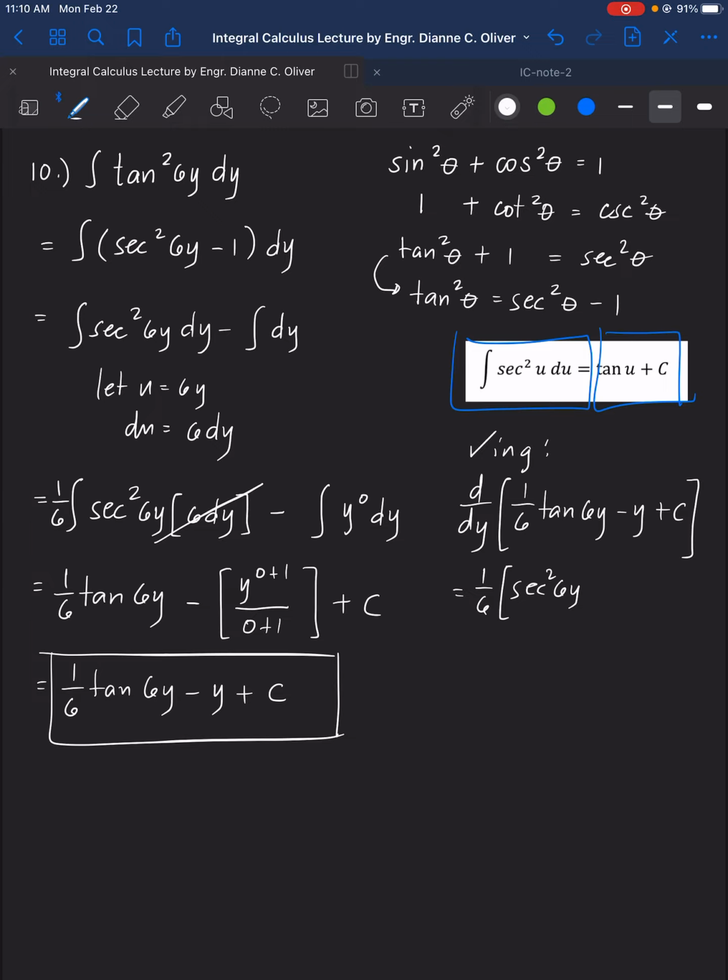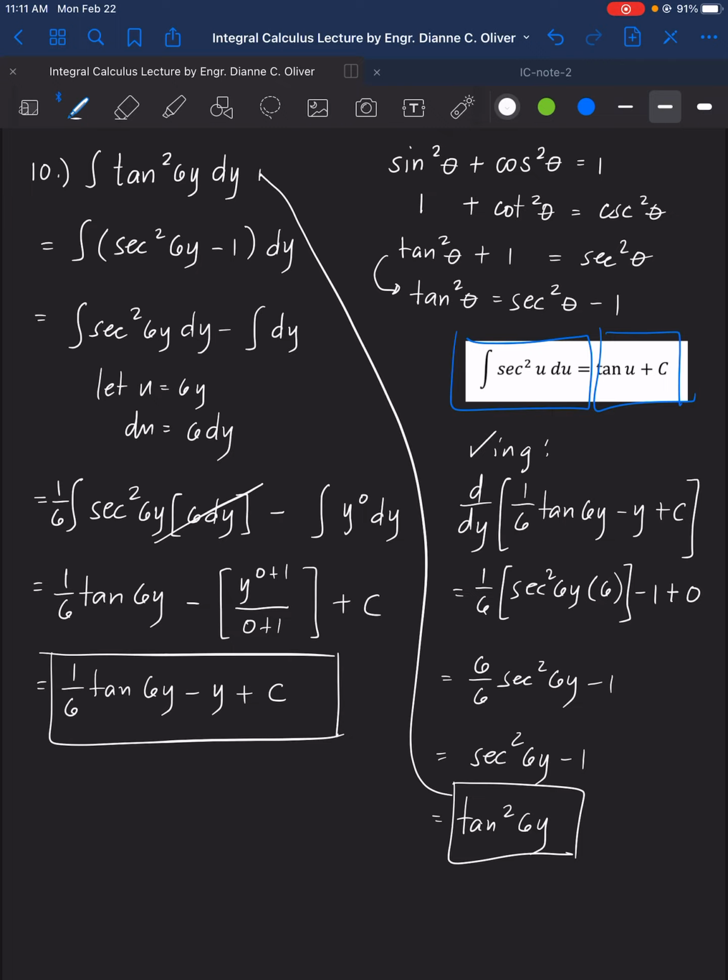Then the derivative of 6y is 6. Derivative for y is 1. Derivative for constant c is 0. So that is equal to 6 over 6 secant squared 6y minus 1. Cancel out. So we have there secant squared 6y minus 1, or that is tangent squared 6y. So we were able to get back to the given. That means this answer here is correct.